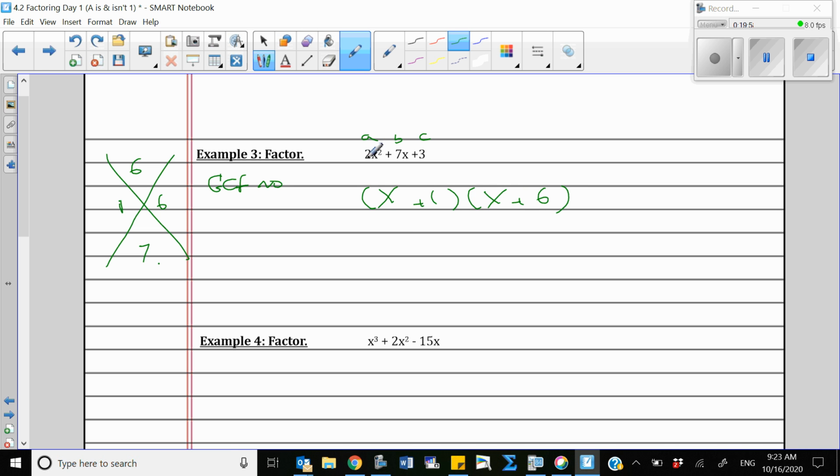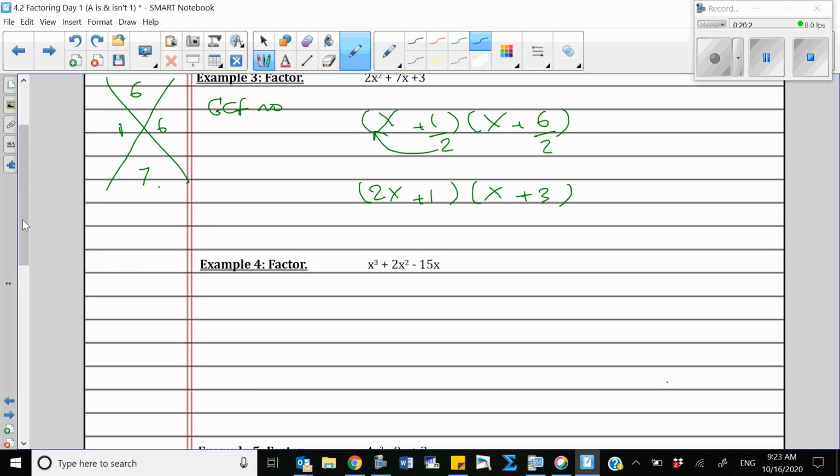And then what is my a value? It's 2. So I'm going to divide them by 2. If they are divisible, I'm just going to write the answer. 6 divided by 2 is 3. If they are not divisible, I'm going to slide the bottom to the front of the x. So it's 2x plus 1.